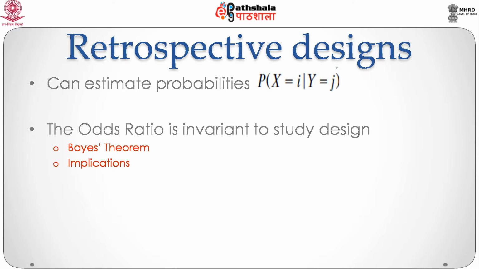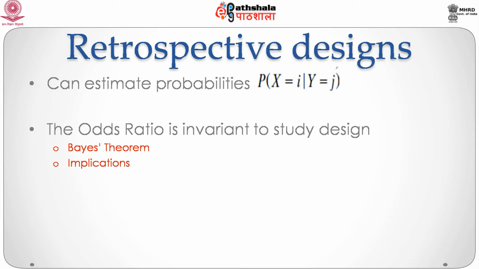An alternative way is to sample a group of those with lung cancer and a group of those without. Now note, when we are looking at lung cancer and smoking, our natural interest is in trying to predict whether a smoker gets lung cancer.